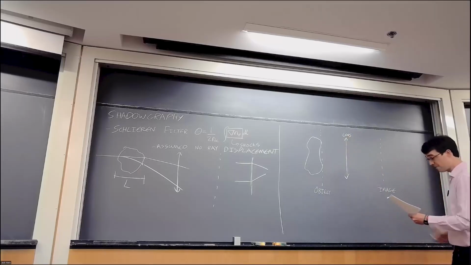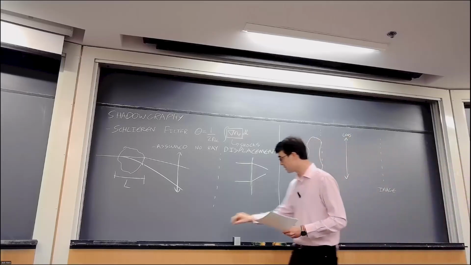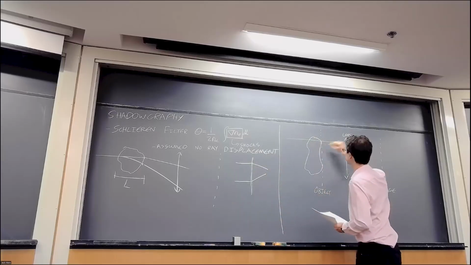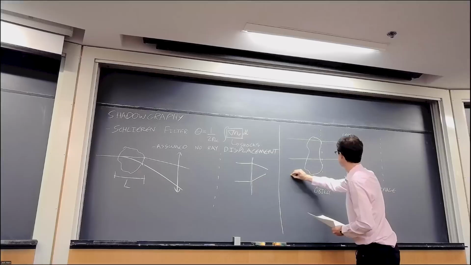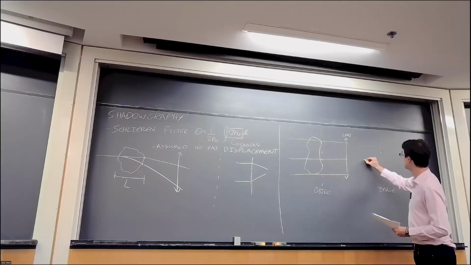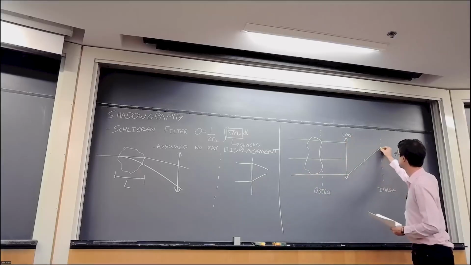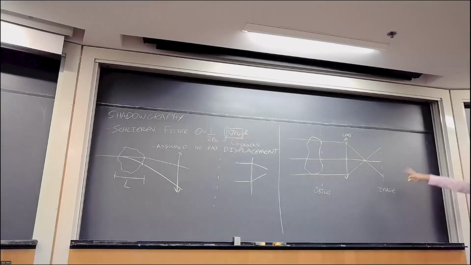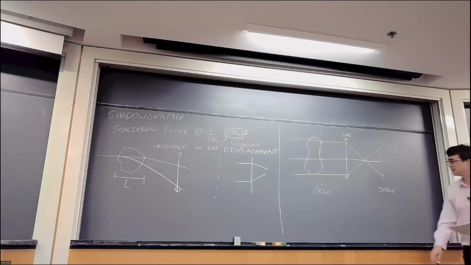And what I'm going to have is the undeflected rays. So imagine there was no plasma here, the rays would just go through here. And they would all go through a focal point back here.